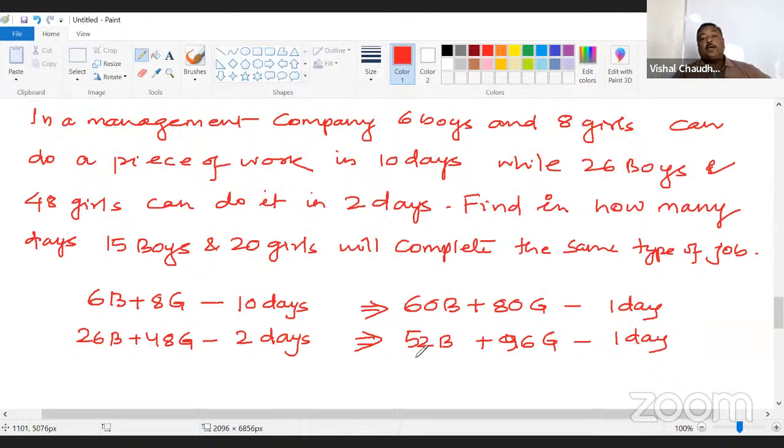एक दिन में काम खत्म करने का मतलब है कि इस ग्रुप की और इस ग्रुप की एफिशिएंसी सेम है। इस ग्रुप को और इस ग्रुप को हम इक्वल करेंगे.